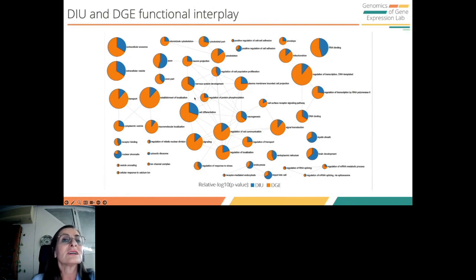You can see that most processes are regulated by both, and most processes are mostly regulated by change in gene expression. But in some cases, for example brain development, import into cells, and I think we have here also myelin sheath, these are biological processes that are mostly regulated by changes at the isoform level. So you really need to capture that to understand how they are regulated.